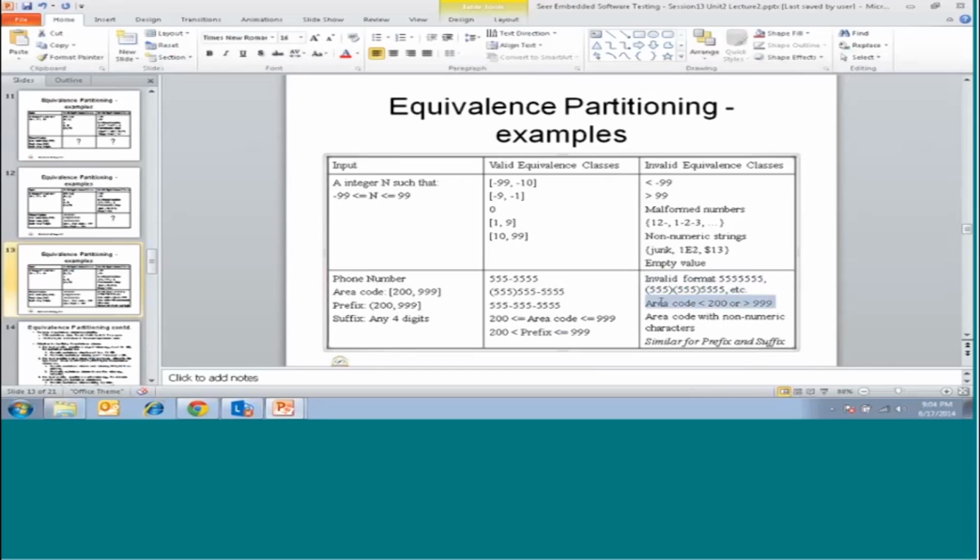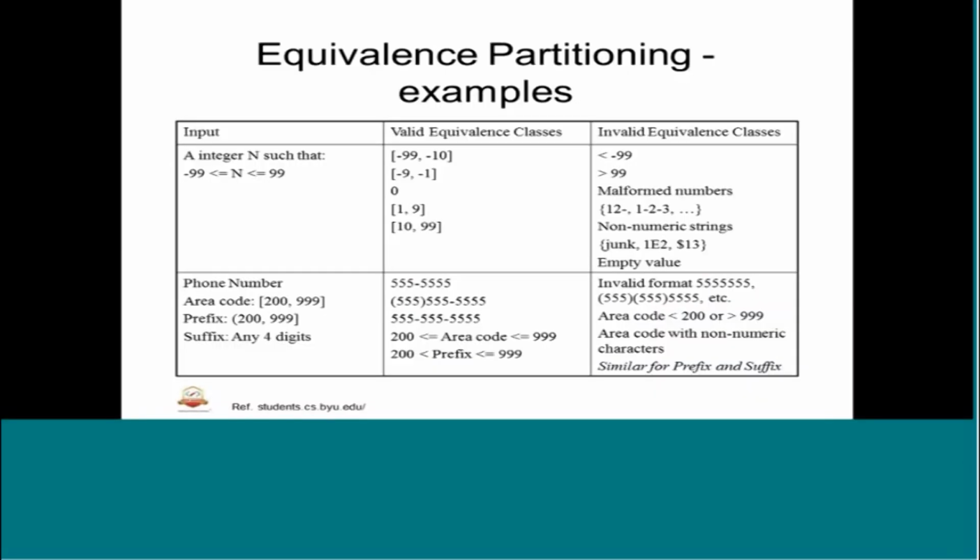So we have four invalid classes which are sufficient to test it. An area code with non-numeric characters such as letters or blank spaces can also be an invalid equivalence class. So this is an example. We'll study more examples in the next slides.